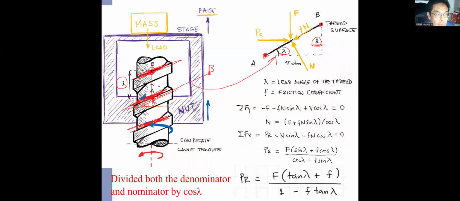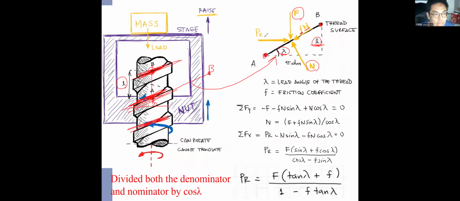So we have the mass that we are going to lift, or raise. There is the force from the mass. Of course, there's a normal force perpendicular to the thread surface AB, and there's a friction force along the thread surface AB, equal to the friction coefficient times the normal force.